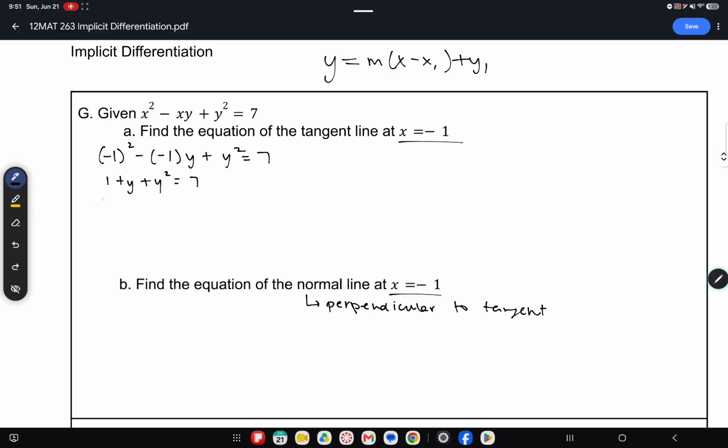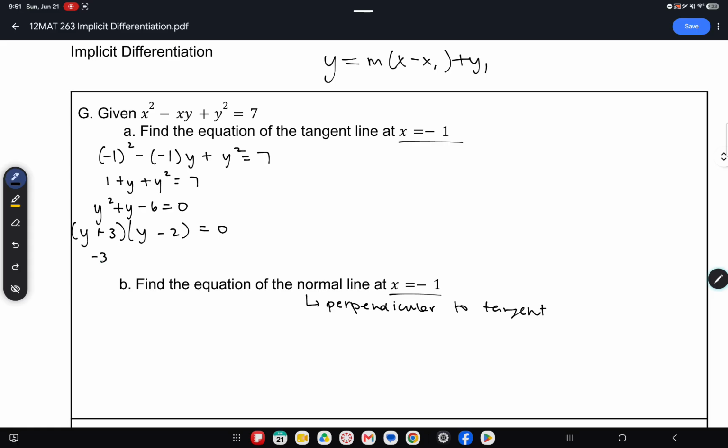I'm going to want to move that 7 over, and I think if I rearrange things, it might look a little nicer. So y squared plus y, if I subtract 7, I'll get -6, and then equals 0. I think I can factor that. I think I can find two numbers that multiply to -6 and add to 1. So +3, -2, right?